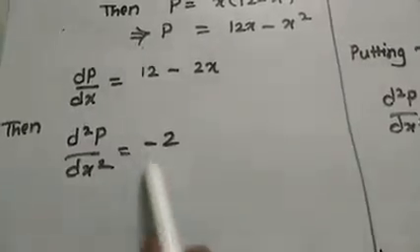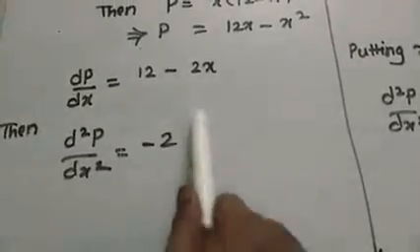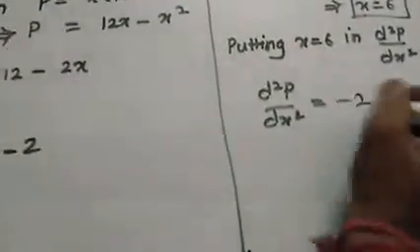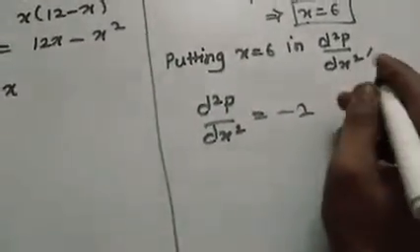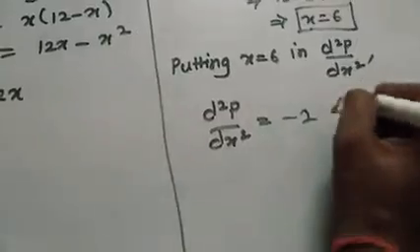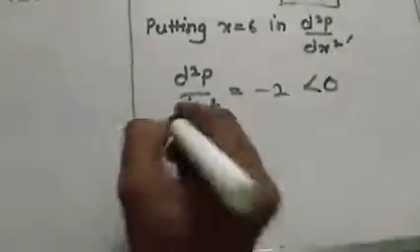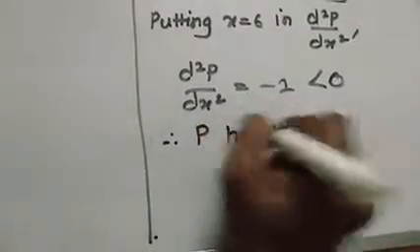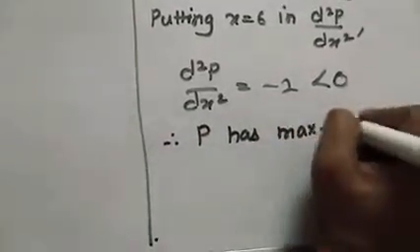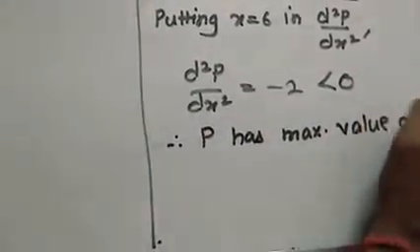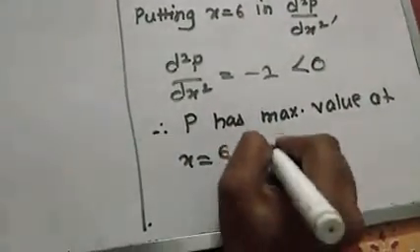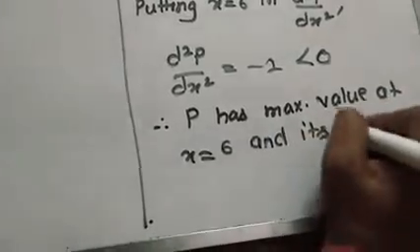There is no x term, so there is no place for putting the value of x, so it will remain as minus 2. Minus 2 is negative, that is less than 0. Therefore p has a max value at x equals to 6.